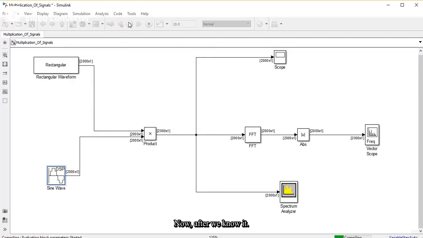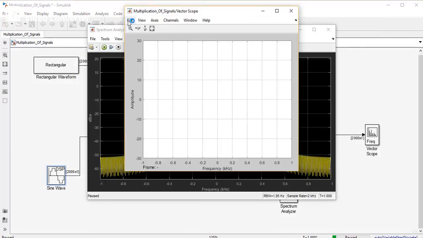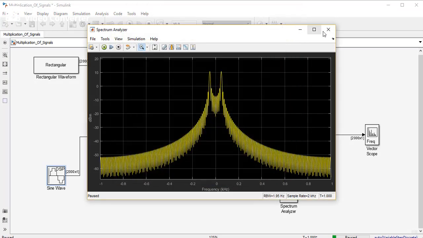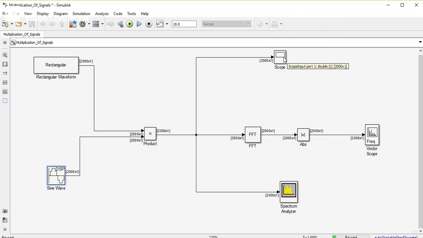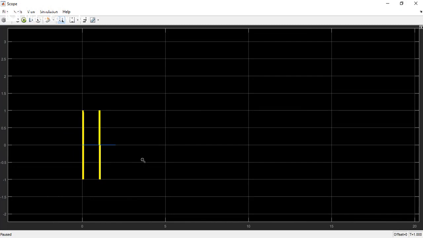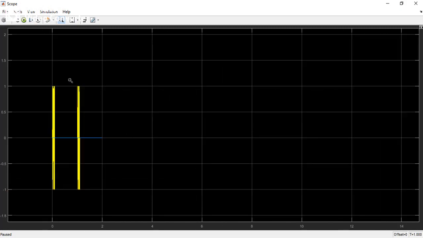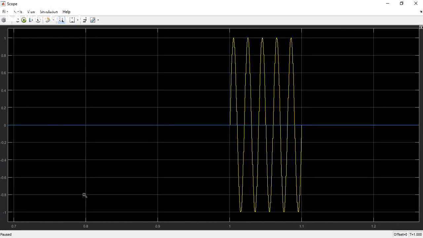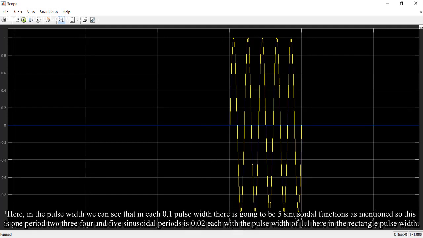Now after we run it, in the scope, here in the pulse width, we can see that in each 0.1 pulse width, there are going to be 5 sinusoidal functions as mentioned.